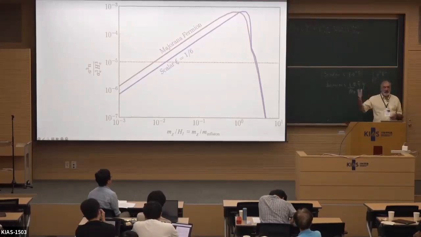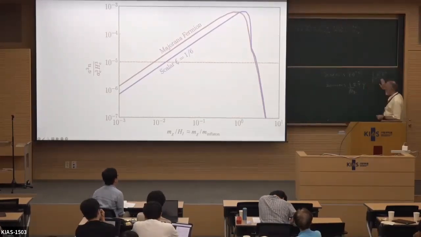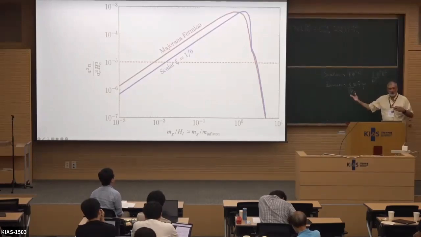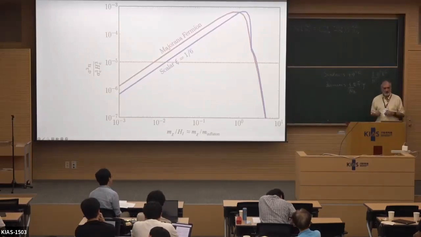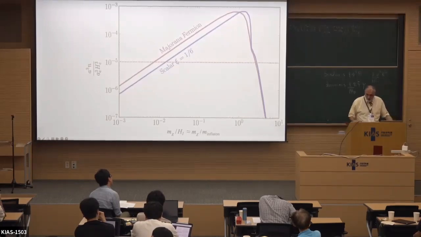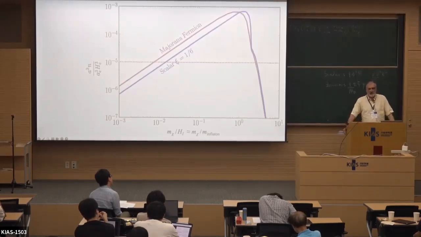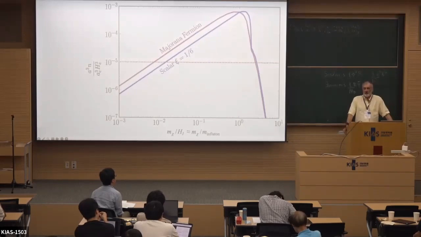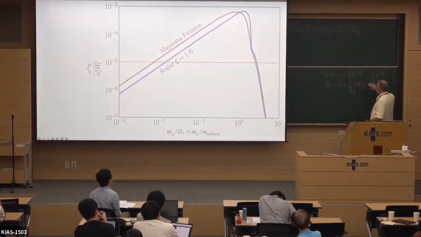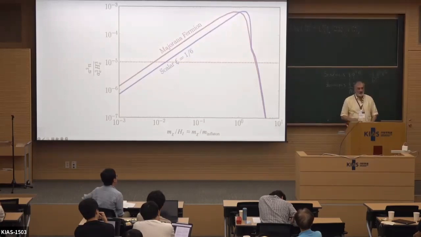And also instead of R squared, it might be R mu nu, etc. There are a lot of non-minimal operators that you can add. So I'll say the magic words effective field theory and say that in the effective field theory, I can ignore this because it's a higher dimension operator, and I can ignore that because it's a higher dimension operator.